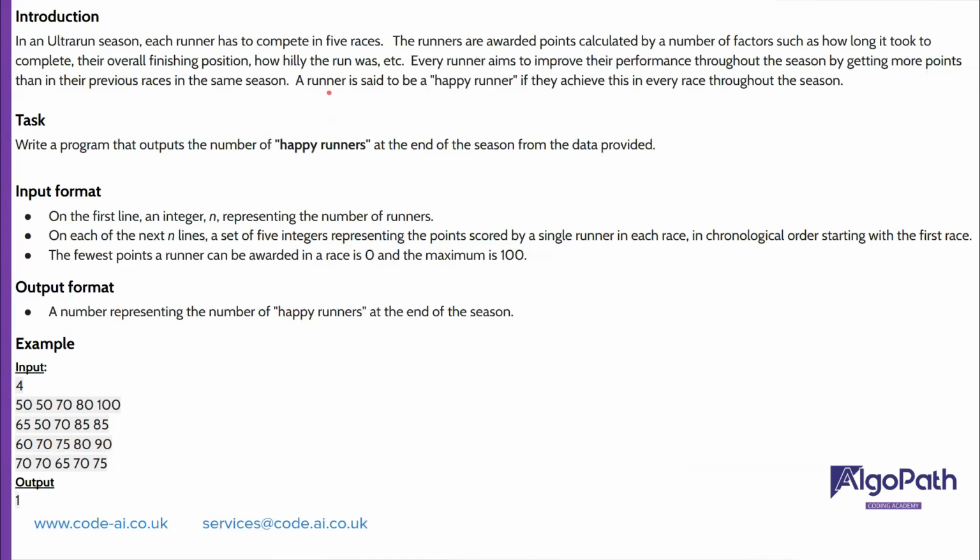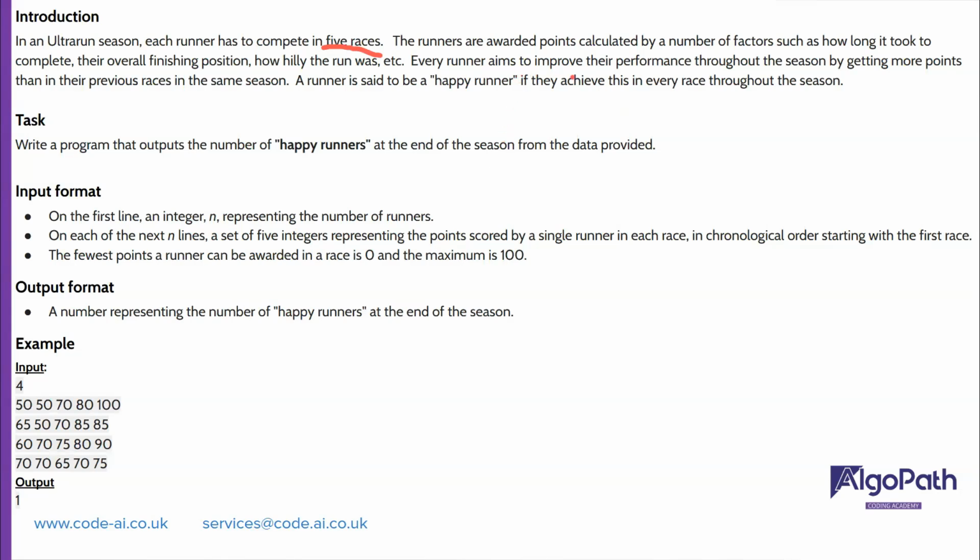We are in a season of running, which is called Ultra Run. And every person who participates in this competition has 5 races. And the runners are awarded points which are based on a number of factors, like how hilly the area was, the position they finished in, a number of factors.